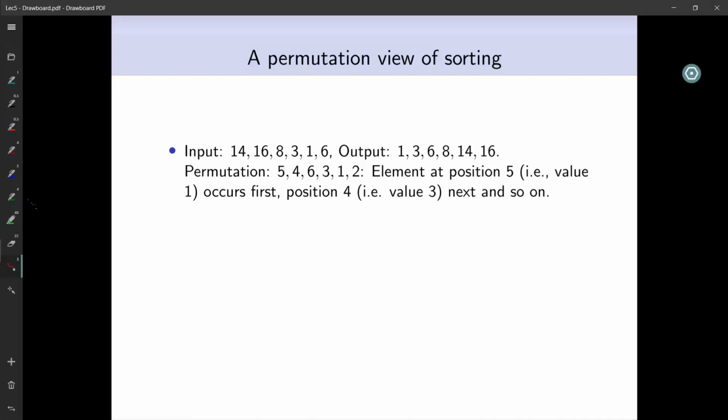Now what is the sorted array? 1 comes first, then 3, then 6, then 8, then 14, then 16. So I can view this transformation as an application of a permutation. I'll write the permutation as 5, 4, 6, 3, 1, 2.